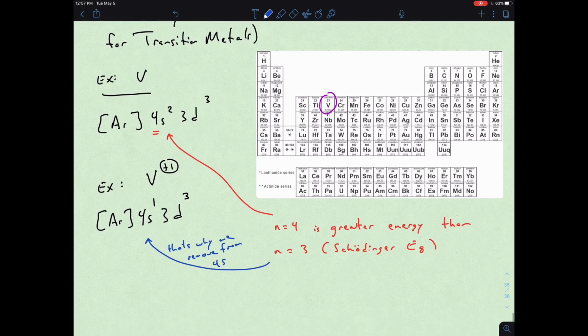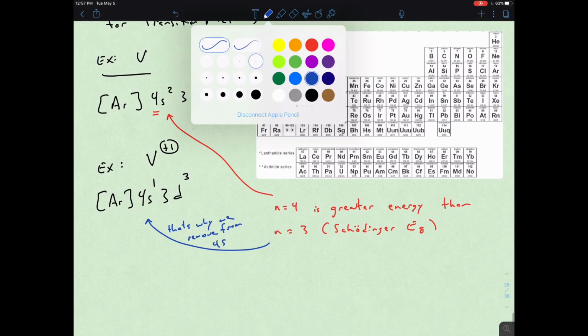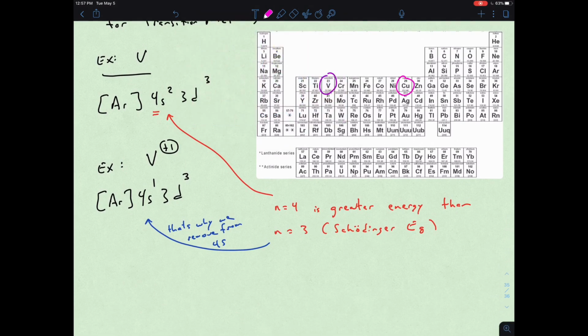We can continue that example with the copper, because we were looking at copper there earlier too. Copper, again, that exception of 4s1 3d10.